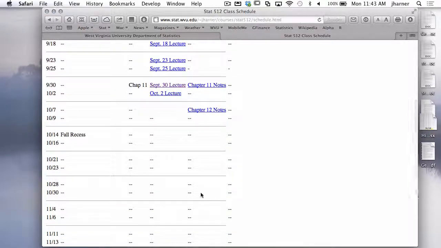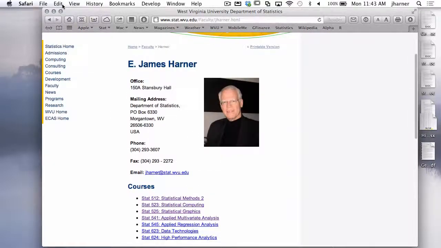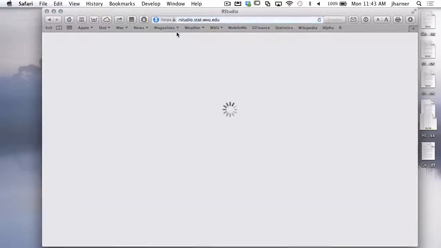One could argue that you should maybe do the analysis of variance first and then do the design after that. That's not the order of the book. So let's go into RStudio.